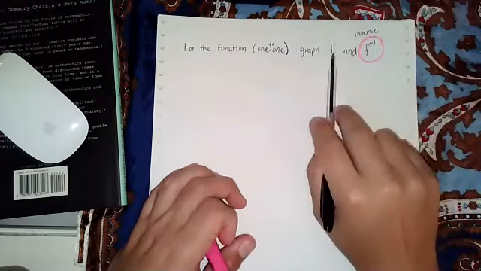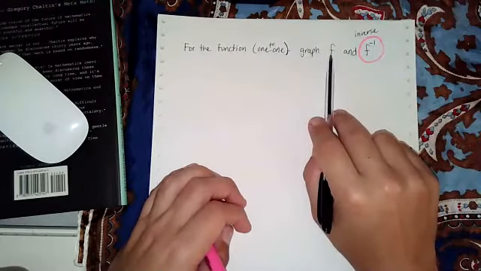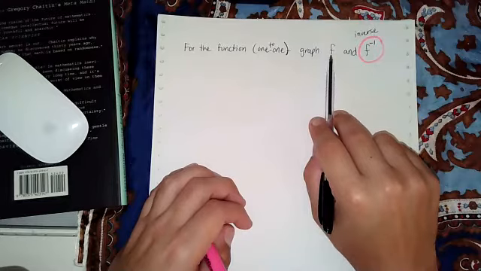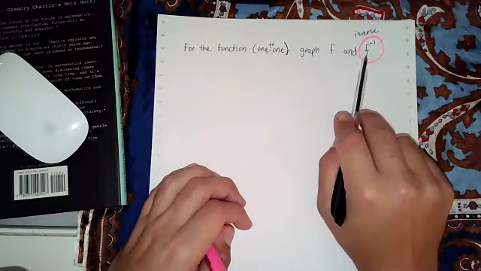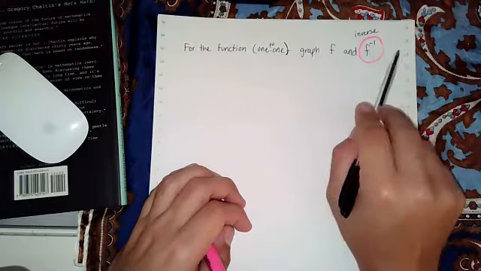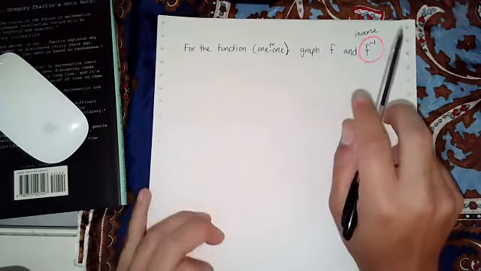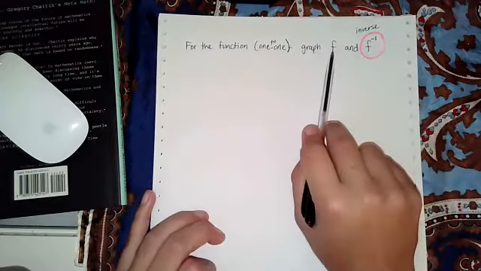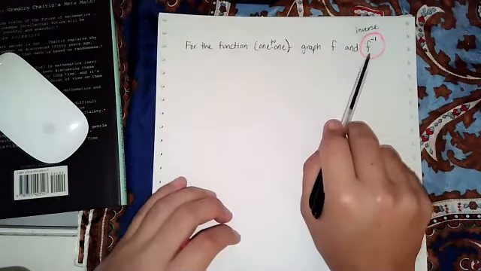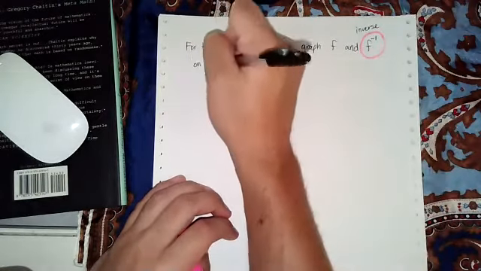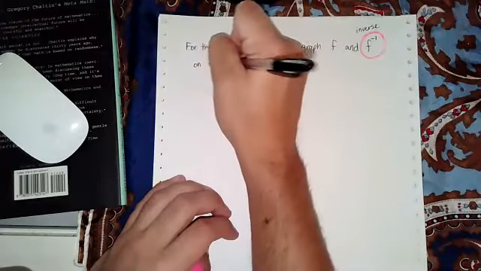So this is f. You might call it f of x because it takes the inputs x. And then you might call this f inverse x. That's how you would read it. Okay. So we need to find the graph of f and then graph its inverse on the same axis or set of axes.